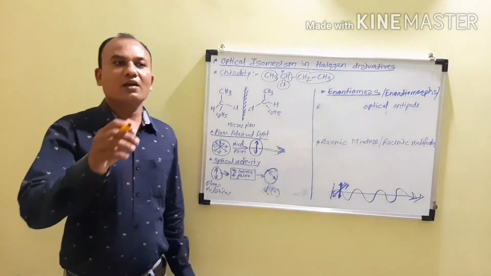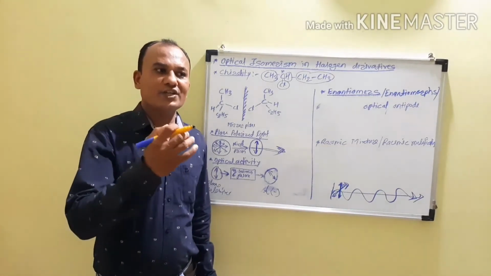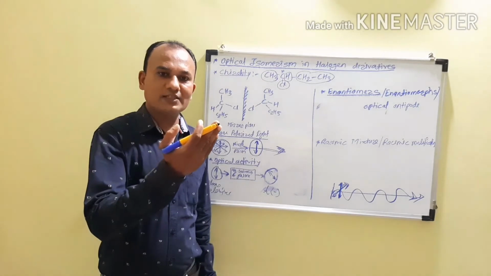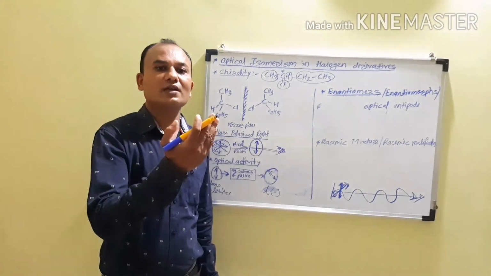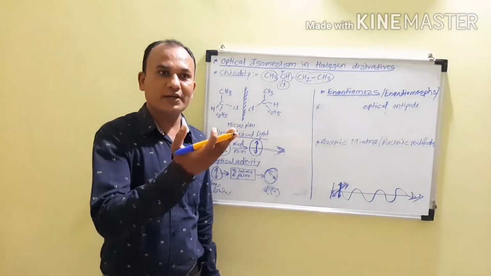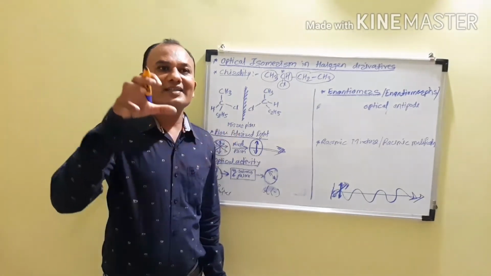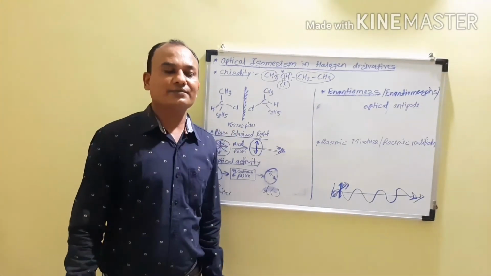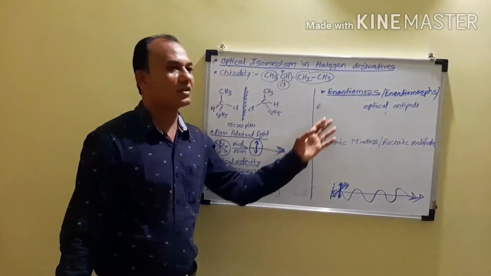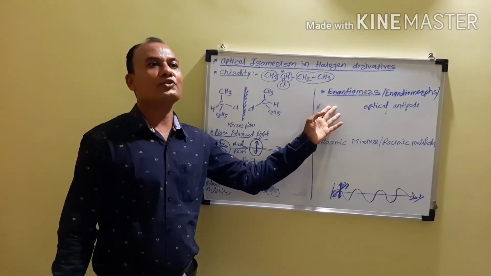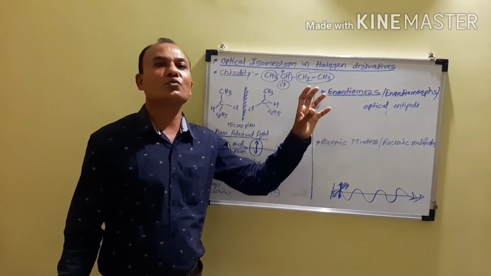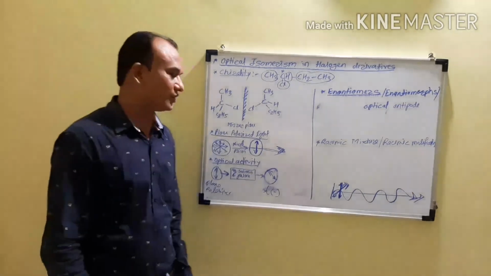It means the isomers which rotate the plane of plane polarized light in opposite directions but by the same angle are called enantiomers. Enantiomers have non-superimposable mirror images of each other.